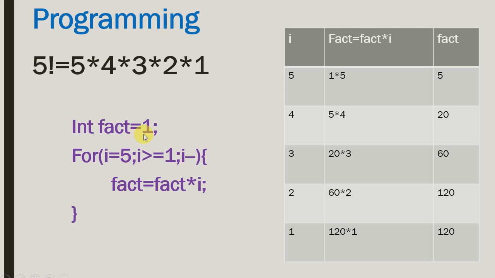So fact, which is 1, multiplied by I, which is 5, is equal to 5. And this 5 is used again in second iteration for the value of 4. Here I is decreased, so the value of I becomes 4.